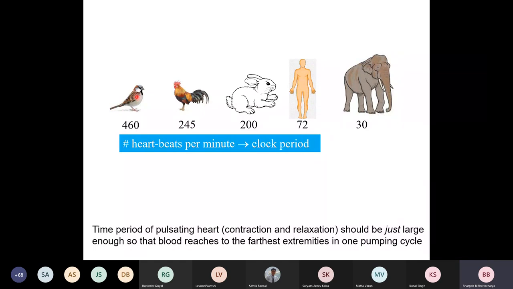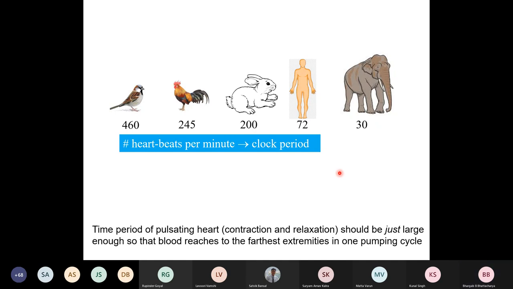The distance from the heart to the extremities is short here compared to here, right? So it takes a longer time for the blood to reach the extremities. Therefore you have to wait. In a pump cycle, you need to wait so that the blood reaches the farthest extremity. So therefore the clock cycle time here is slower.